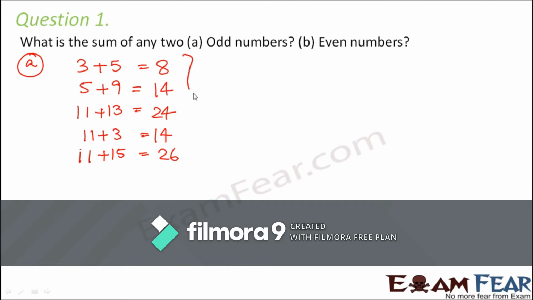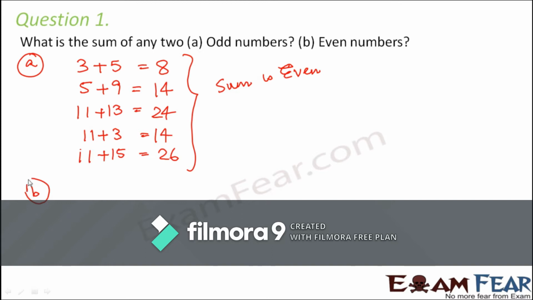Now, do you observe something? Every time you add two odd numbers, the result is always an even number. Therefore, the sum of two odd numbers is always an even number. So that is our first observation.